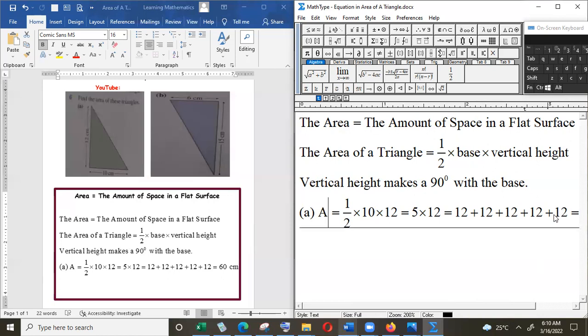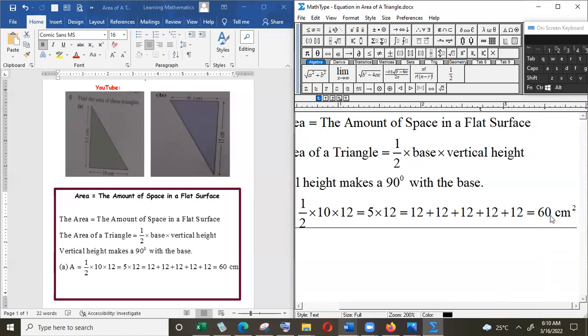Then you add it up: 2, 4, 6, 8, 10, so that's 10, carry the 1. Then 1, 2, 3, 4, 5, and remember the 1 we carried over: 5 plus 1 is 6. 60 centimeters squared. That's the area of triangle A.